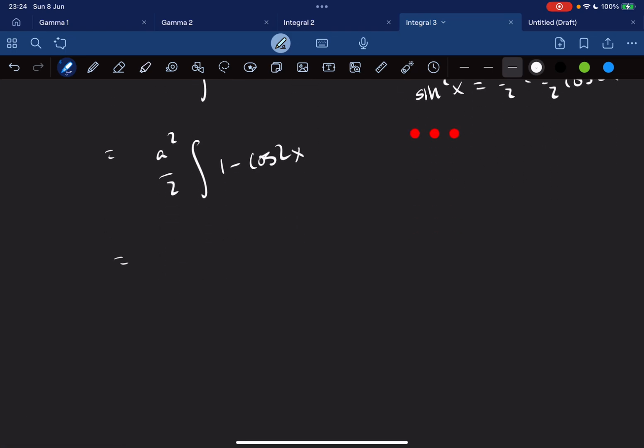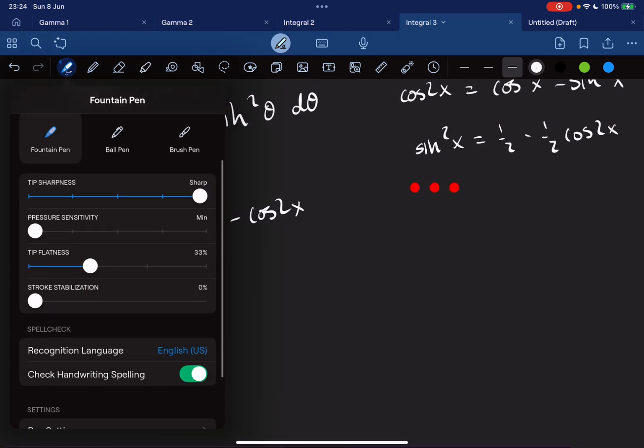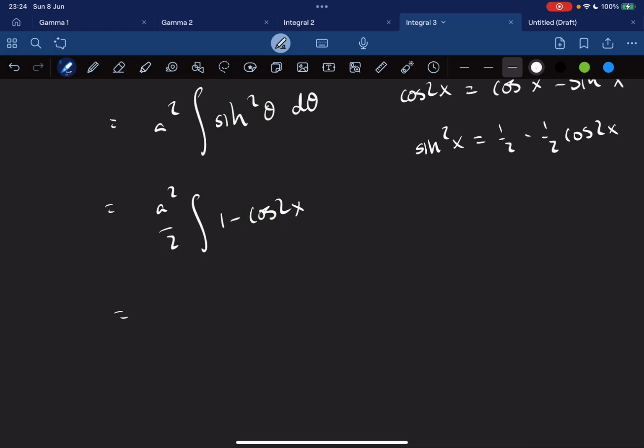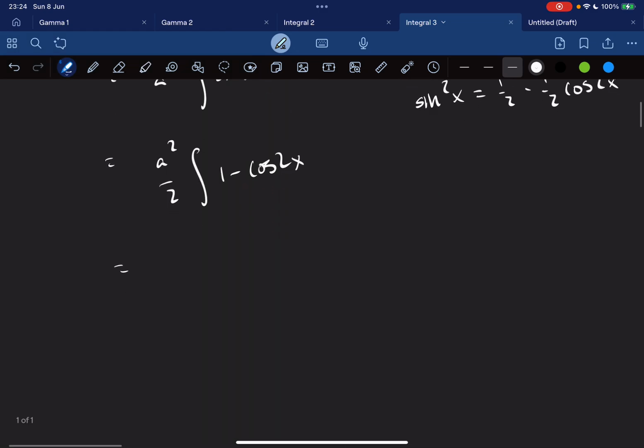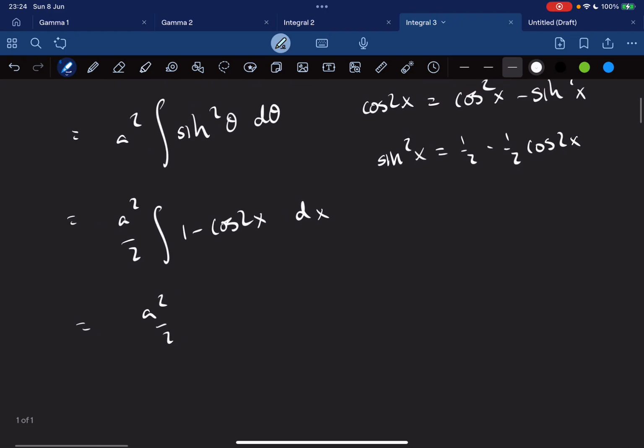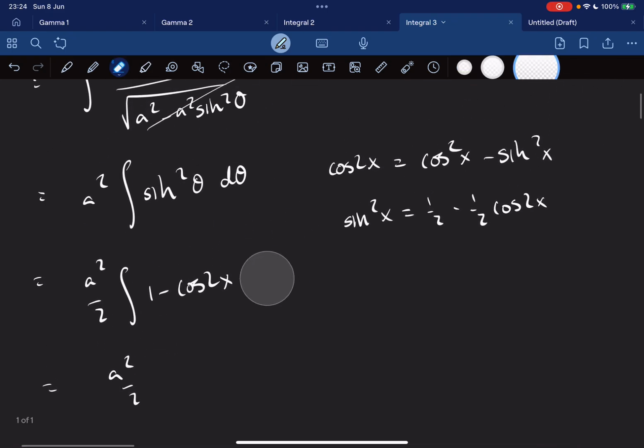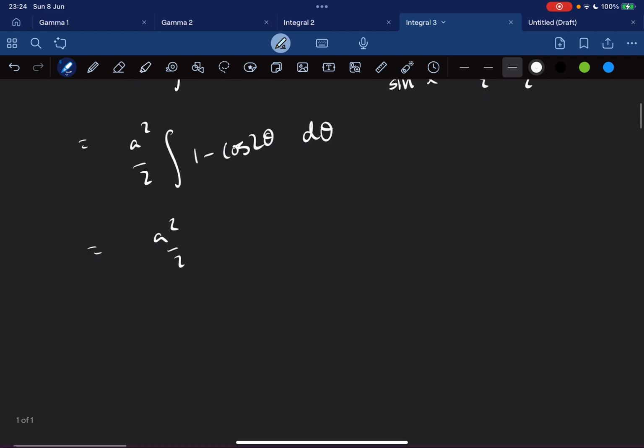A squared over 2, integral of 1 minus cos 2x d theta, apologies, not dx. So a squared over 2 theta minus a squared over 4 sine 2 theta plus c.